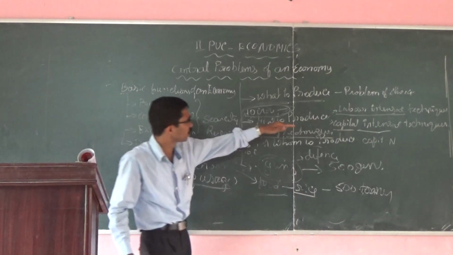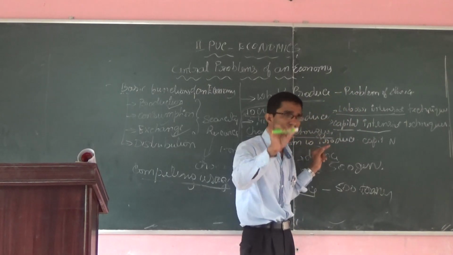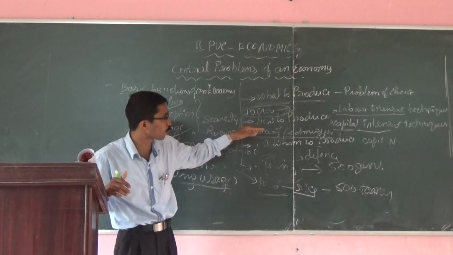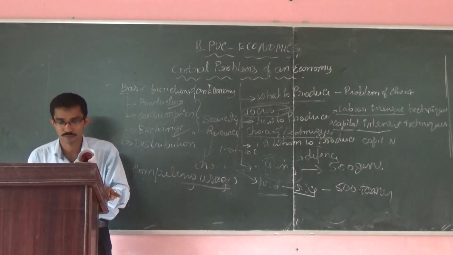That is one thing about the labor intensive techniques as well as the capital intensive techniques. It is useful to the production processes, the problem of the choice of technology.